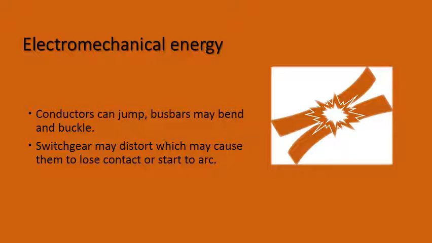Electromechanical energy. It's where conductors can jump, bus bars may bend and buckle. This is as a result of the magnetism that's formed around a current carrying conductor. This is particularly a problem where there's high current, and you might think of industrial switchboards where there are big copper bus bars feeding the distribution board, and a lot of current flows.